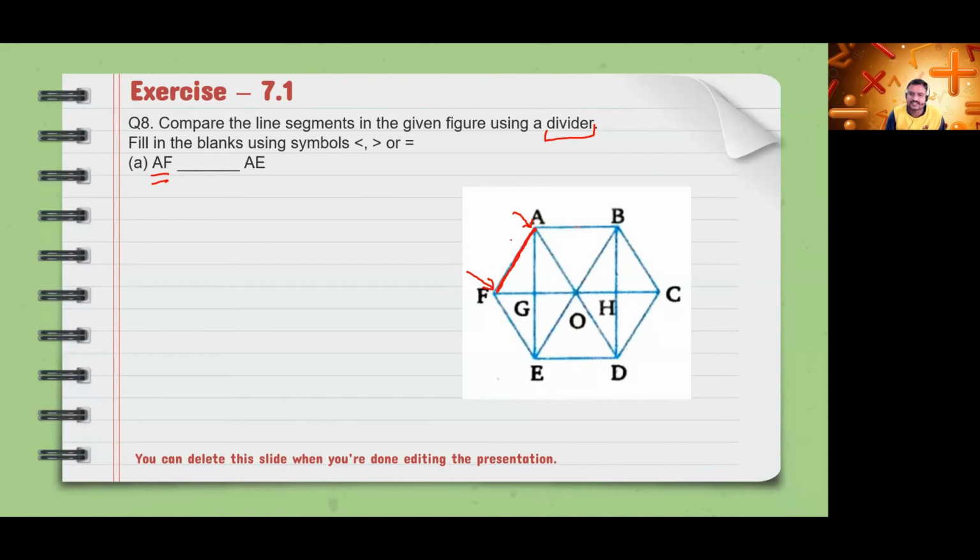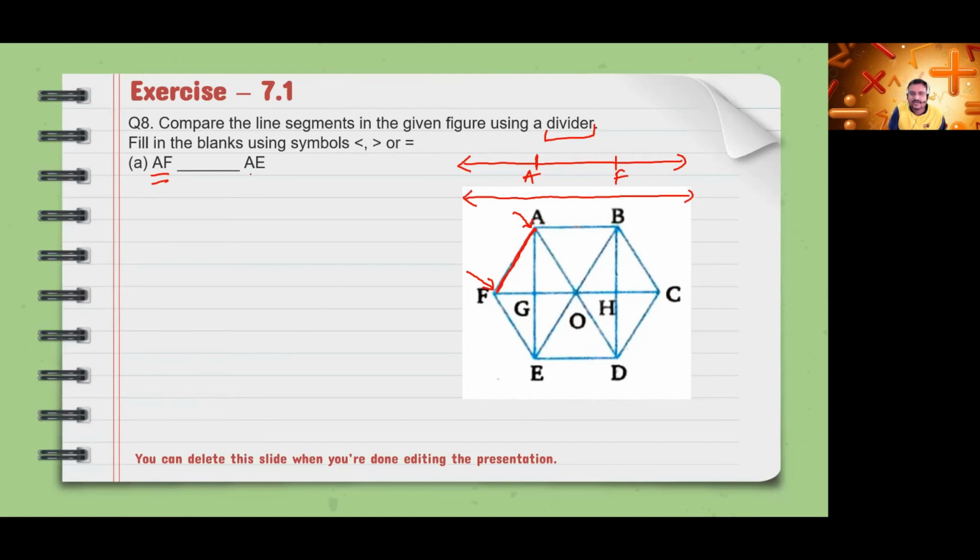You will measure this distance using a rounder. Then you will draw a straight line. Then you will put that rounder here like this. Mark these points. This is AF. Then again you will draw one more parallel line to it.